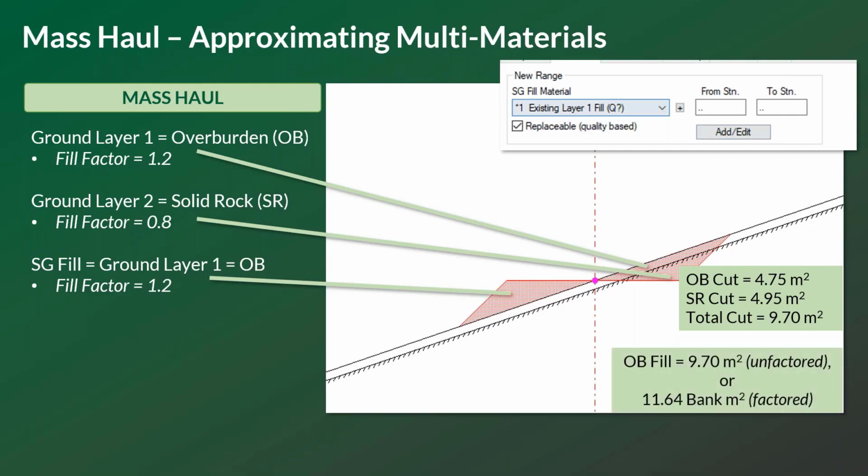Now, since we're working in bank cubic meters, we don't have to worry about factoring that. Cut factor is 1. The fill factor, though, unfactored, we've got that same area, 9.7. Or if we treat it as overburden and factor it, we're saying we'd need 11.6 cubic meters of overburden to build that fill as designed.